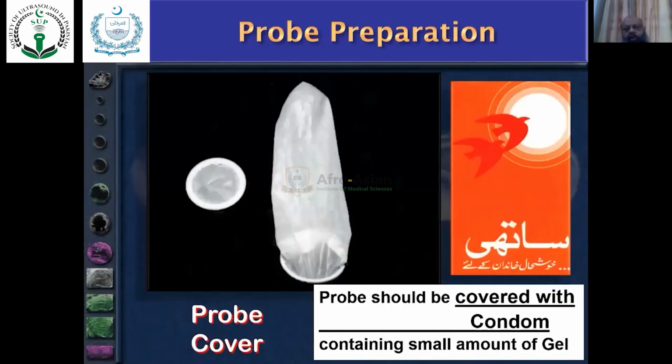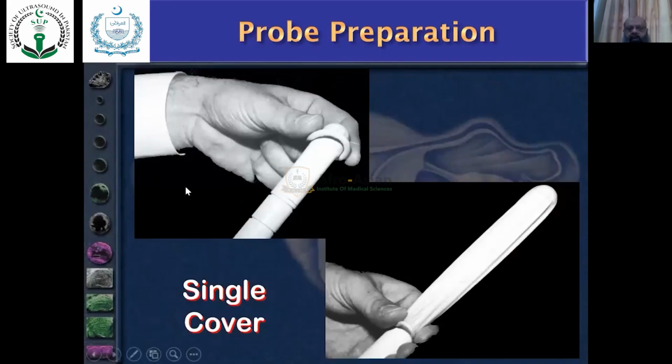For probe preparation, the probe should be covered with a condom containing a small amount of gel. The condom can be of any company or any type. We put some gel, then we put the condom.